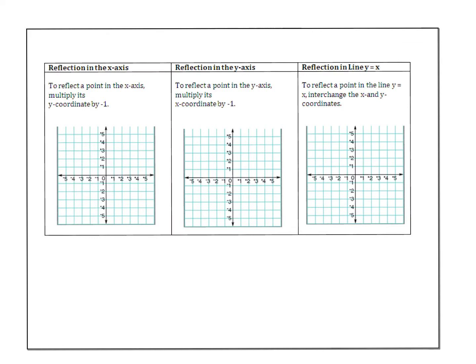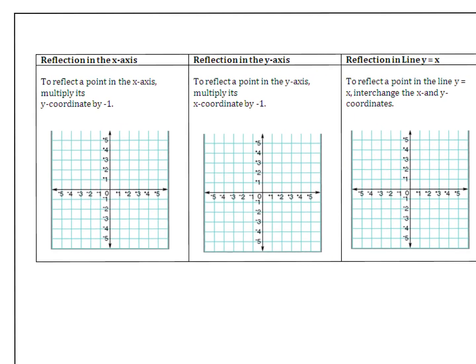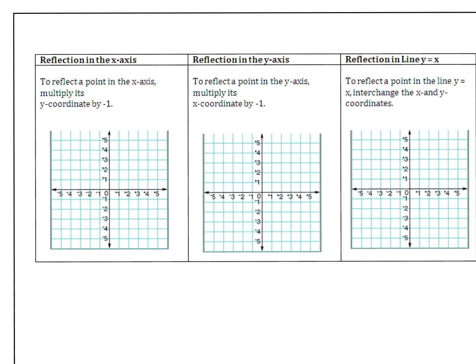So if I'm going to reflect over the x-axis, I just need to multiply the y-coordinate by -1. So if I do something as simple as a triangle here, that becomes (0, 2), (2, 4), and (4, 2).